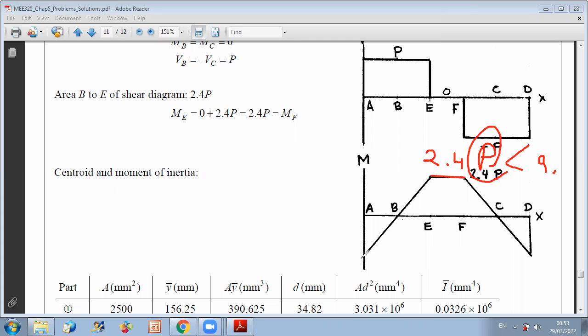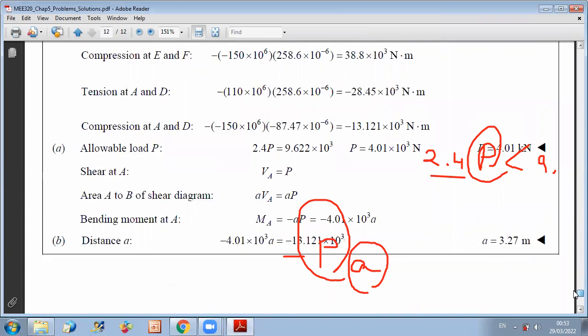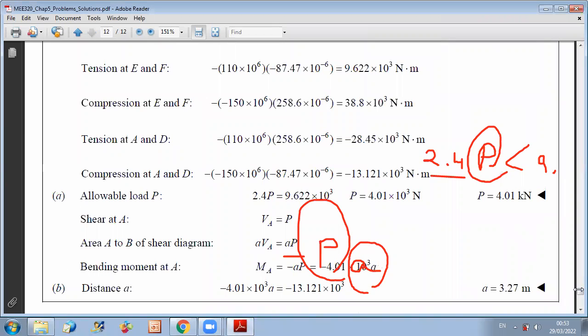Now for the negative bending moment, you have minus P times A. So already now P is imposed. Now you can design for A. You have that P times A should be smaller than, now you will select the most critical between the two cases here. When I have a negative moment, we said that we have tension at A and D, and compression.